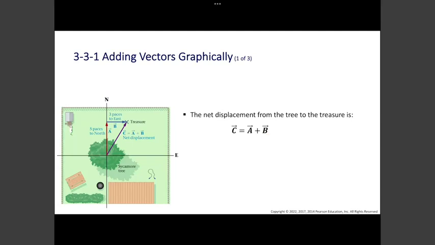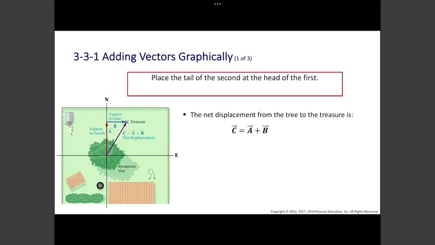So in general, vectors are added graphically according to the following rule. You have to place the tail of the second vector at the head of the first vector.